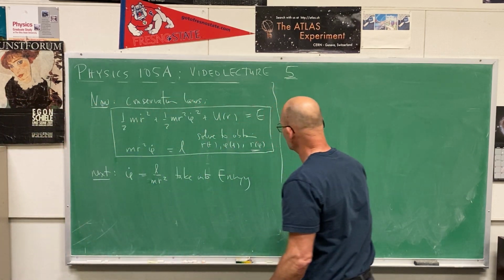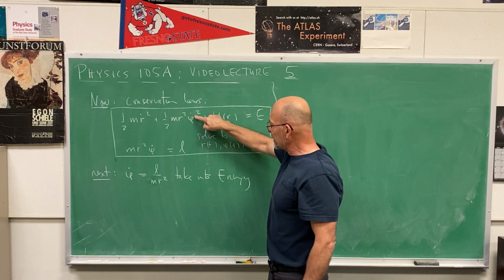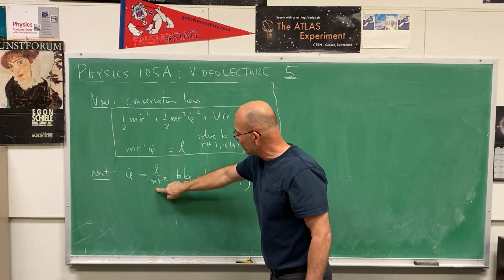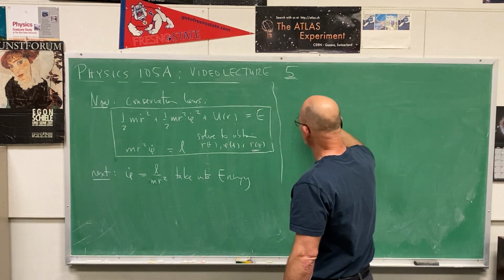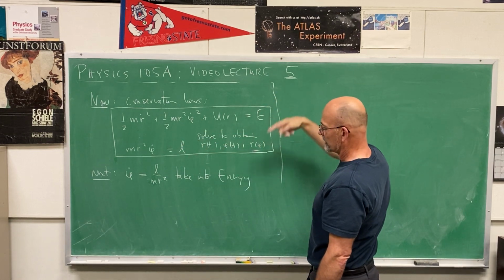Here's what happens. Phi dot squared, I'm going to have L squared over m squared r to the fourth. Cancel the m's with the r squareds.